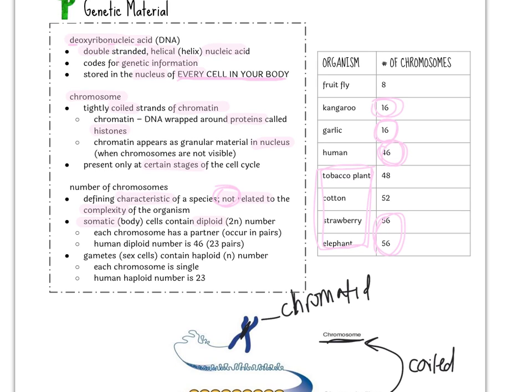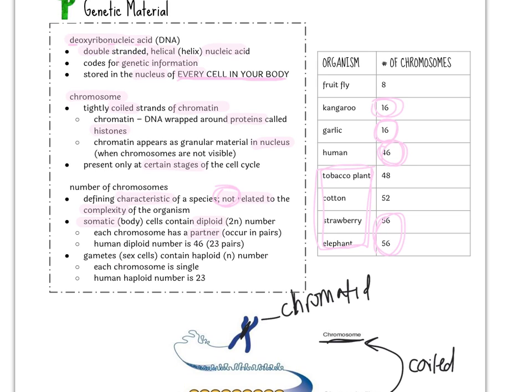And as you'll find out, diploid means 2. So it basically just means double, or doubled up. It means 2, that you multiply it by 2. So each chromosome has a partner or a pair. So when we look at chromosomes like we did down here, they do occur in pairs.